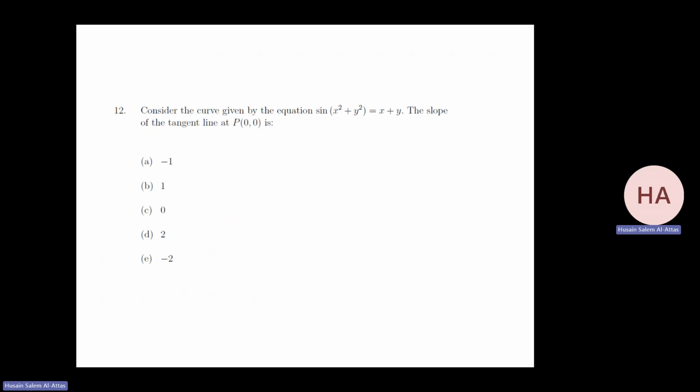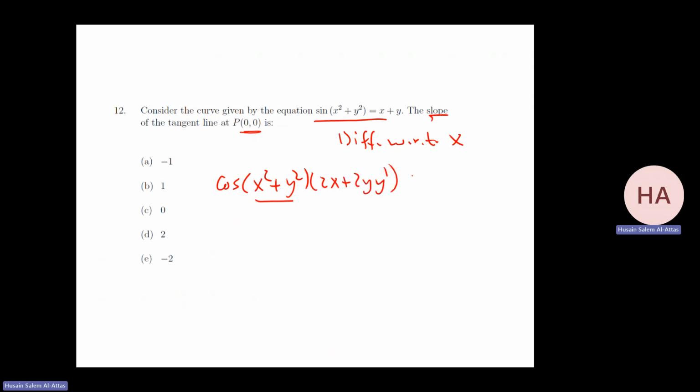Okay. Consider this curve, find the slope at this point, 0, 0. That will be easy. You want the slope, so differentiate with respect to x. You notice this is the same problem. So you have cosine, but be careful with the calculation. Derivative of this, which is 2x plus 2y y prime, equals 1 plus y prime.